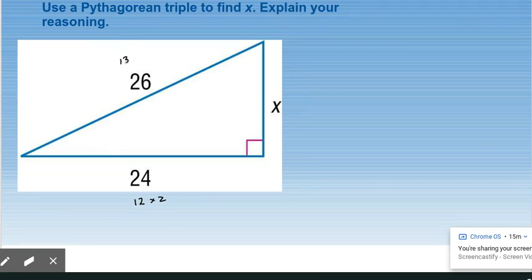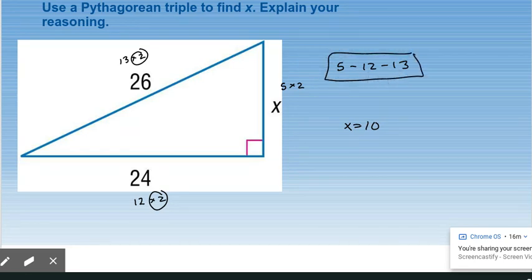This is 13 times 2. Well, I'm trying to figure out this one. We have a 5, 12, 13 triangle. Well, this should be the side with 5. And since we're multiplying by 2 for everything, this would be 5 times 2. So I know that X equals 10 because this is a 5, 12, 13 Pythagorean triple.